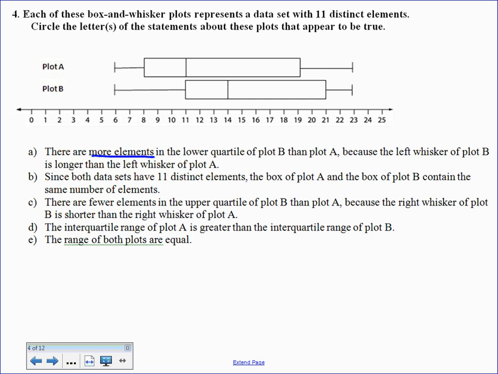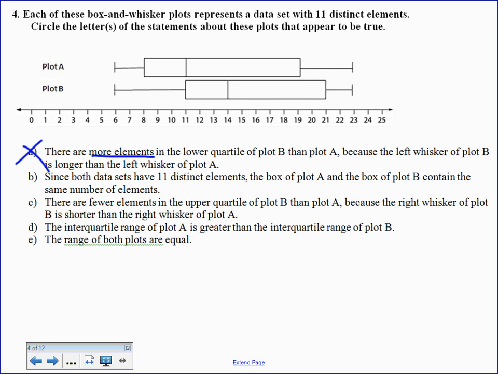Each data set has 11 elements. So if we divide that up into fourths, which is what the quartile is, each one is going to have the same number of elements in each quartile. So A is out. Since both data sets have 11 elements, the box of plot A and the box of plot B contain the same number of elements.